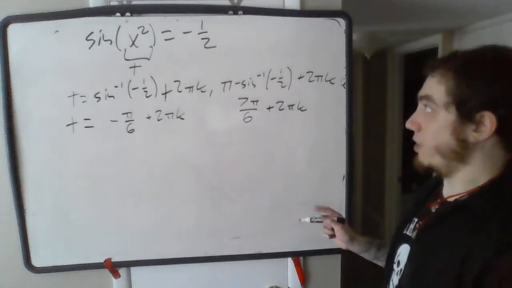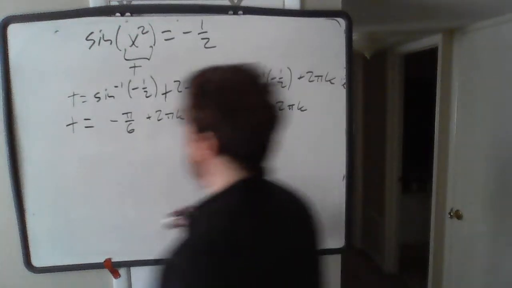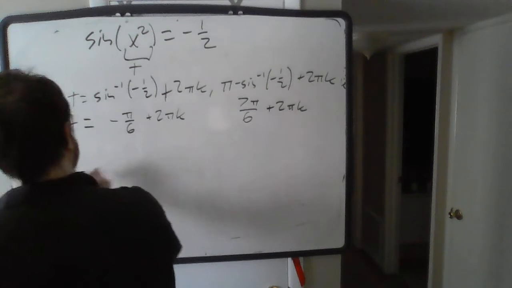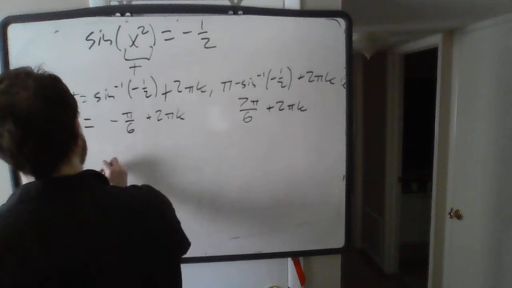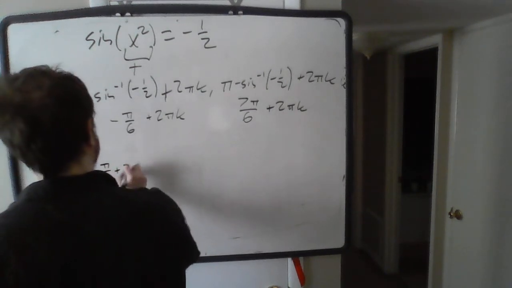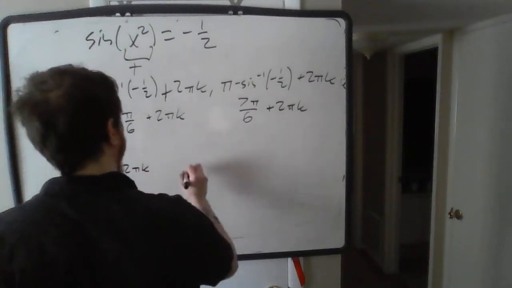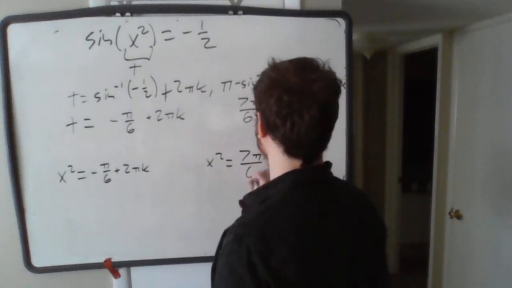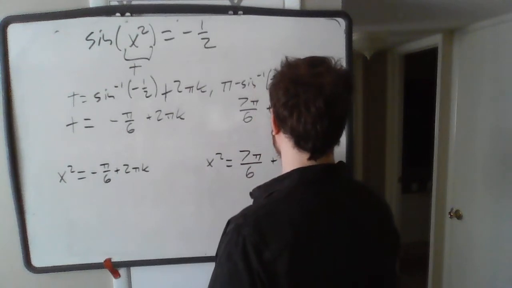And now what we want to say is this means that x squared is equal to -pi/6 plus 2 pi k, or x squared is equal to 7 pi/6 plus 2 pi k.